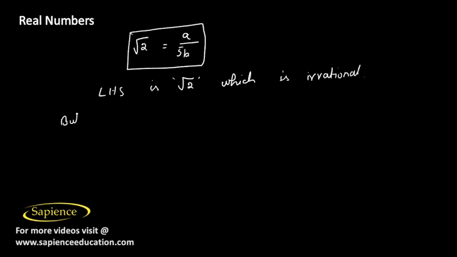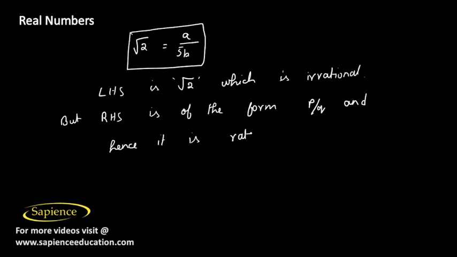But the right hand side of this equation is of the form p by q, and hence it is rational.